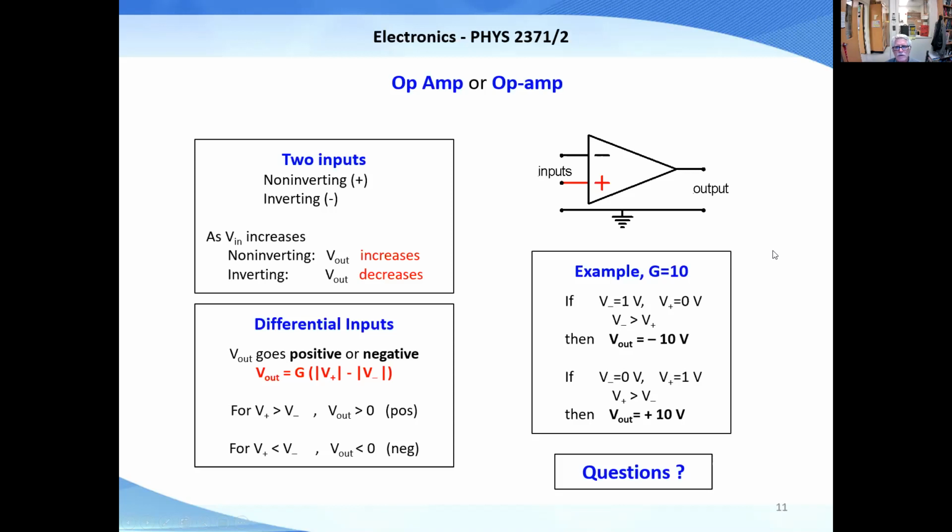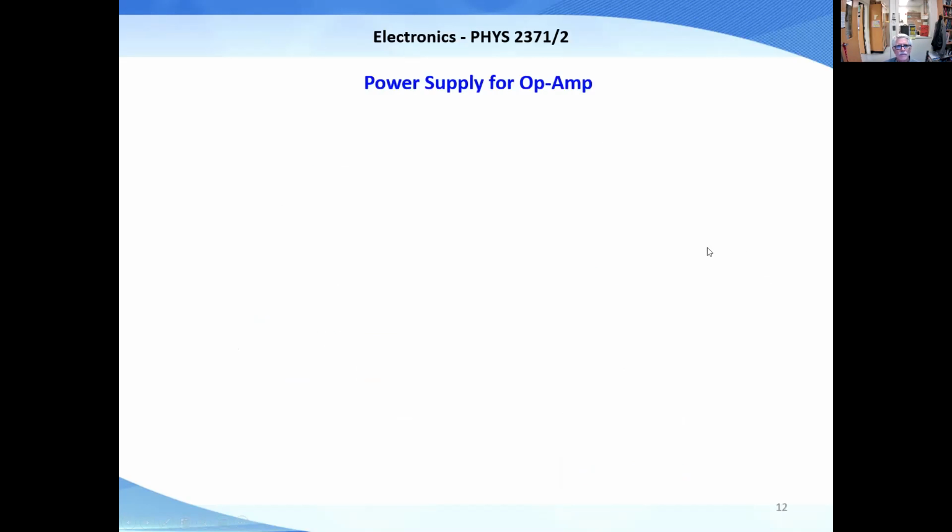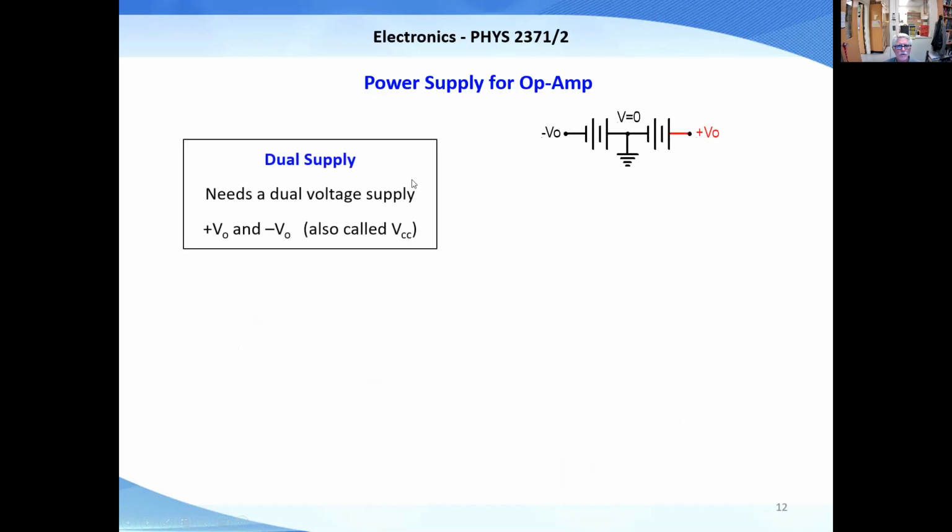Any other questions? I mentioned the power supplies for the op amps. Most op amps need these dual supplies. Here's part of the answer to your question about ground: a plus voltage relative to ground, and a negative voltage relative to ground.